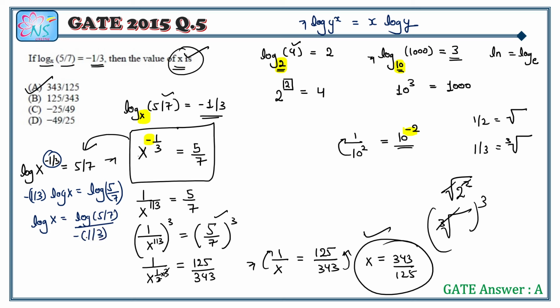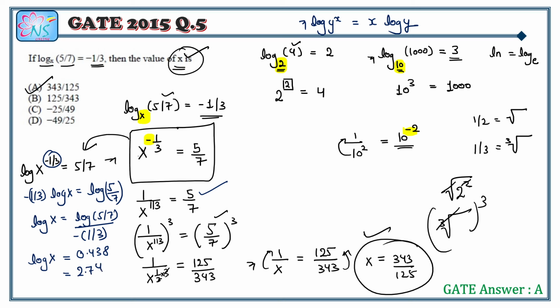After solving this we get log 5 by 7 divided by minus 1 by 3, giving the value 0.438. If we take the anti-log of this value, we will get our answer. The anti-log answer is 2.744.